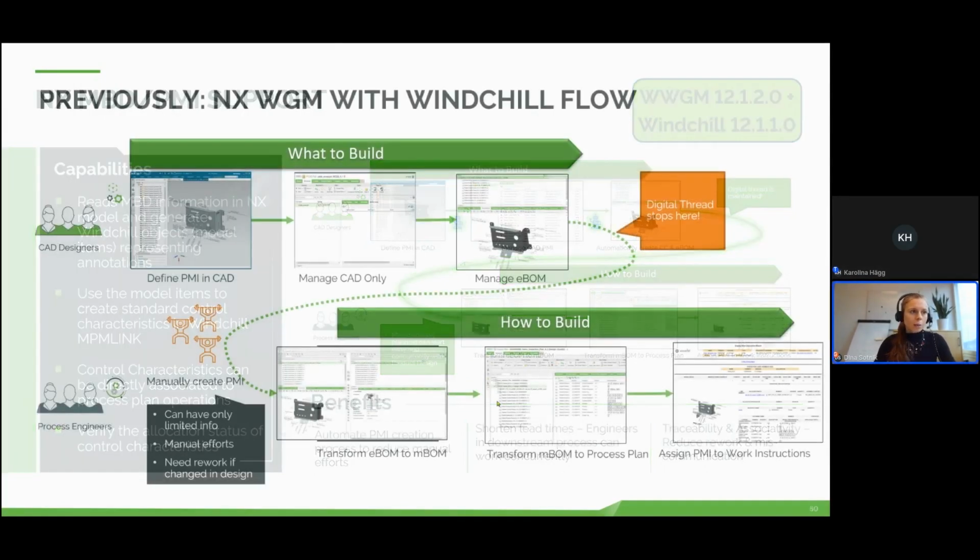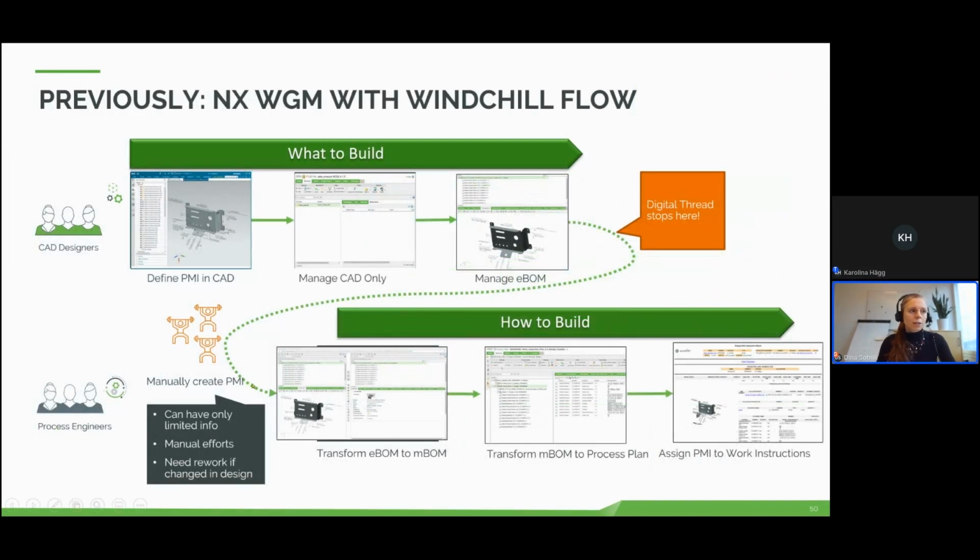He was not able to transfer these parameters, PMIs, to manufacturer. And it required manual work to do this, and it was difficult, and it was kind of work in silos.